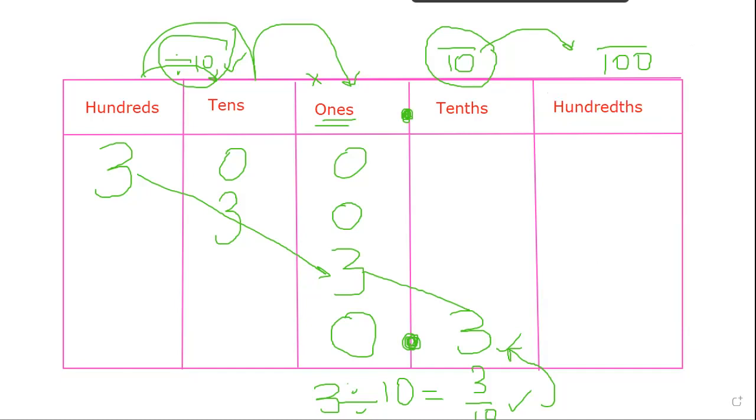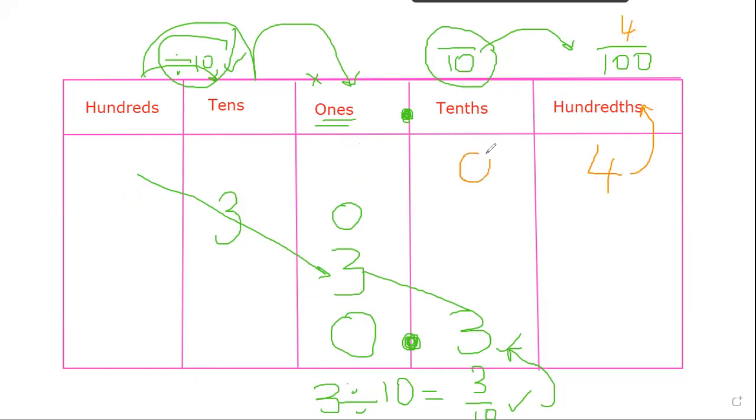Let's say I have a number, it's 4, and then I erase all these, we don't want this. I cannot just say it's 4, because 4 means it's 4 of the ones house. So how do I show people that this 4 is actually 4 over 100?